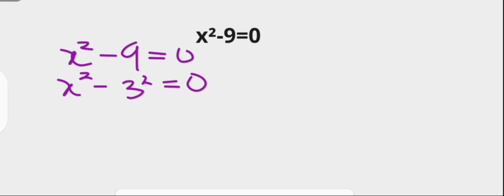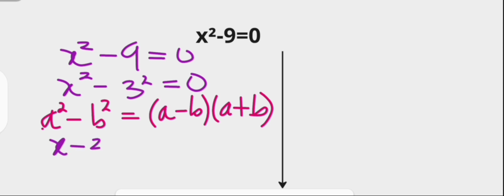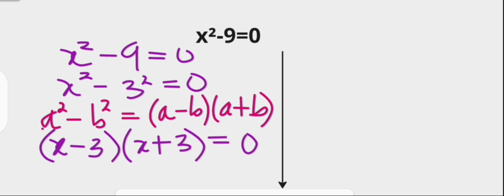Then factoring difference of two squares, if we have a squared minus b squared, this factors out as a minus b, a plus b. What does this mean for the equation we have? It means that the left hand side of the equation becomes x minus 3, x plus 3 equals 0.